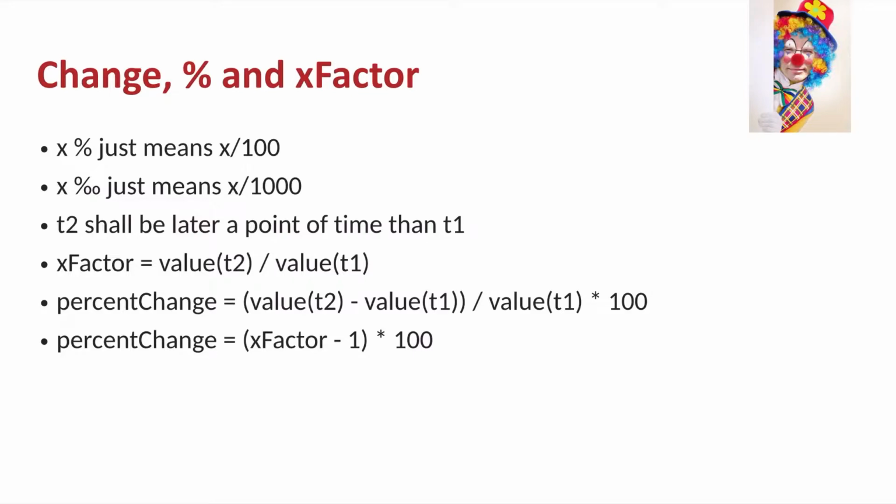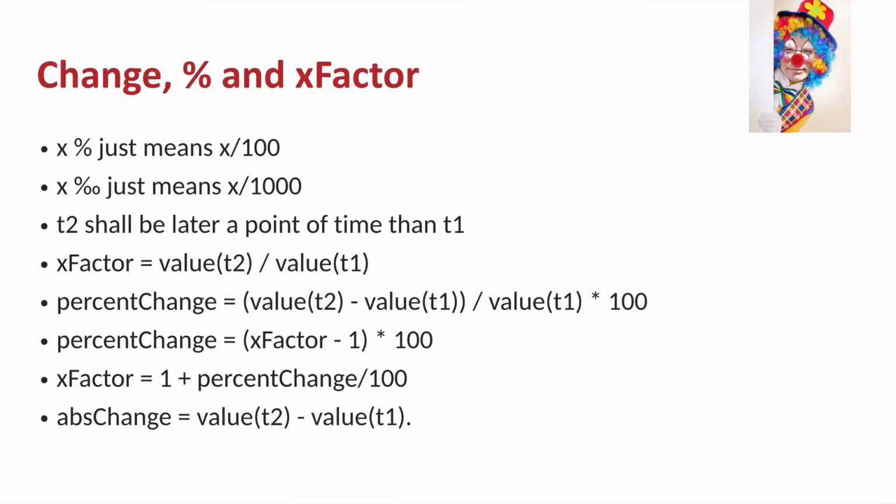So the percent change is X factor minus 1 times 100. Or we can see this equation from the other direction: the X factor is equal to 1 plus percent change divided by 100. And last but not least, the absolute change is of course the value at the end minus the value at the beginning.